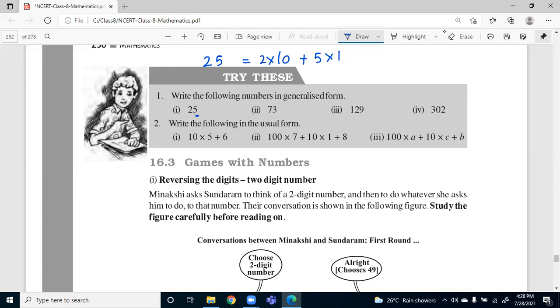Okay, ma'am. So basically generalized form means expanded form. Expanded form, correct. Please write the topic Playing with Numbers in your copy, and write the generalized form of 25, then write the generalized form of 73, like this.